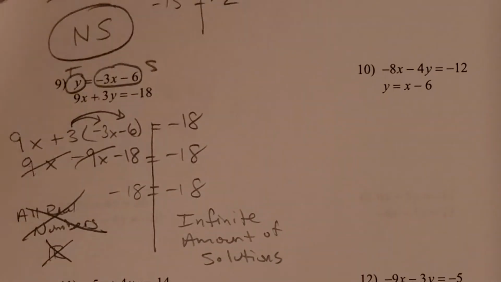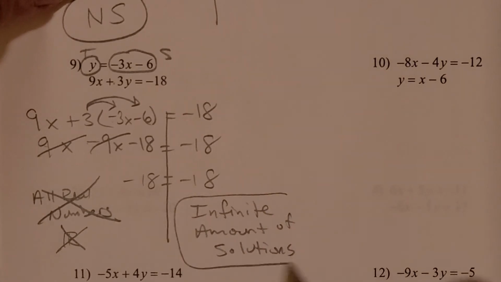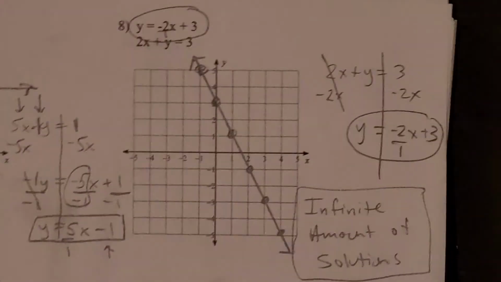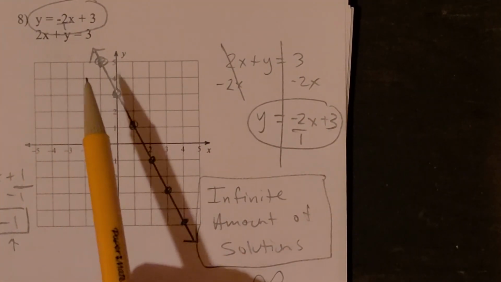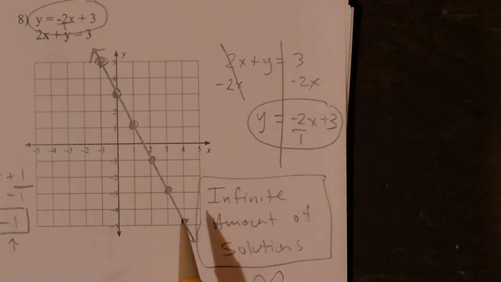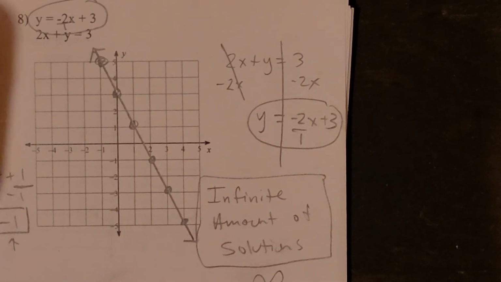And we did one like this when we were graphing. I'll find it. I'm going to show you. Yeah, it was this one. When we were graphing, we found that when I graphed the two lines, they laid right on top of each other. Now, here's why I say infinite amount of solutions as opposed to all real numbers.